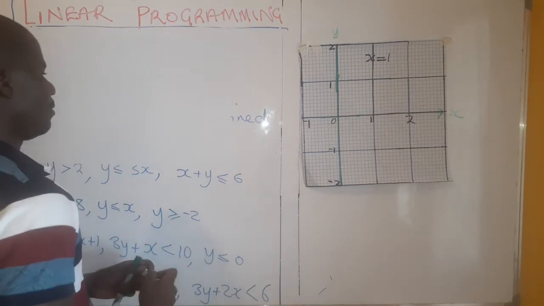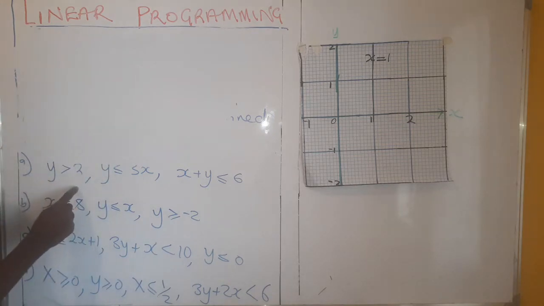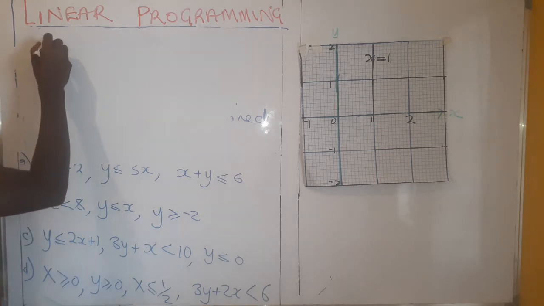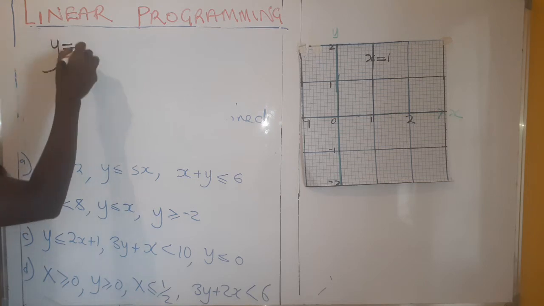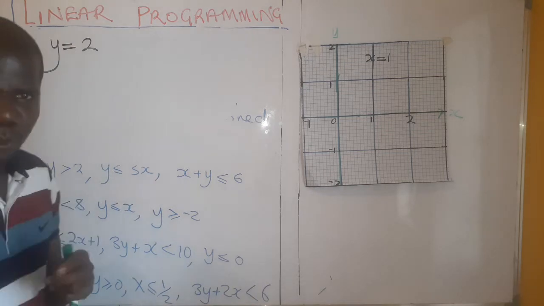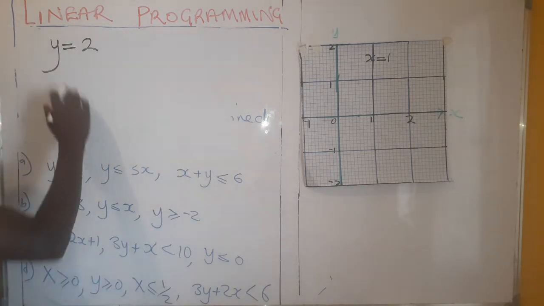Now, let me come to this one. My concentration is on this one. For y, we want to start dealing with this one. Y equals 2. Because this is an inequality, the inequality is going to be shown when we are shading. But what we are going to take on the graph paper is the equation.